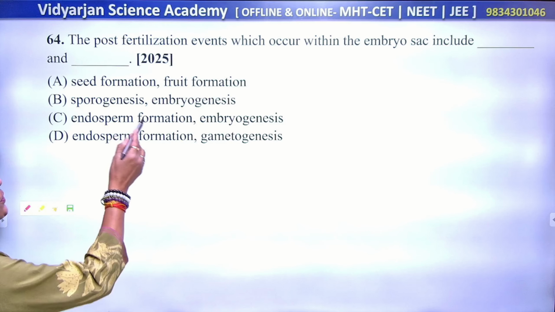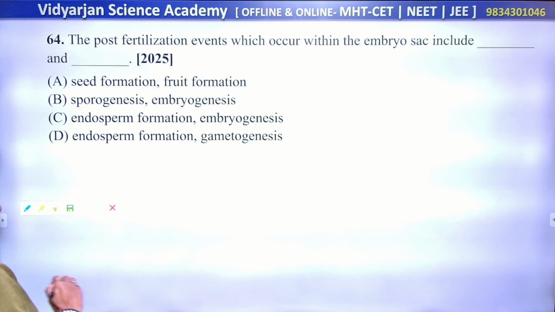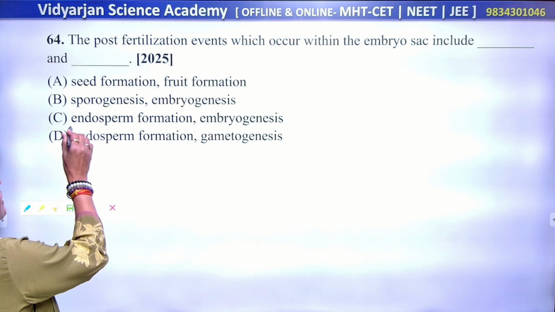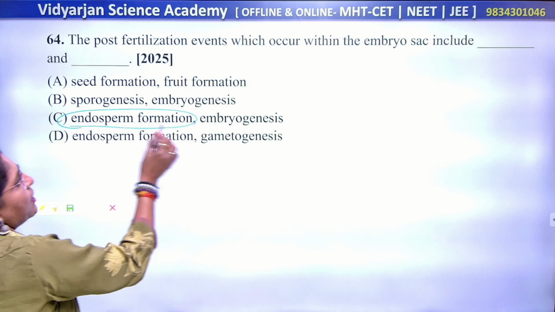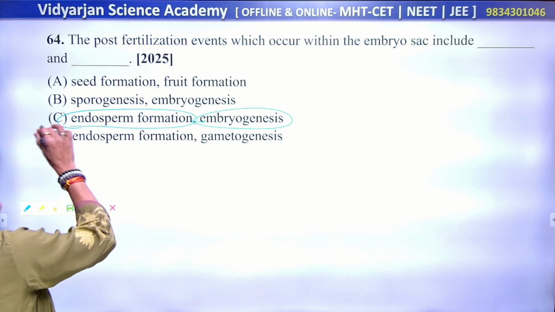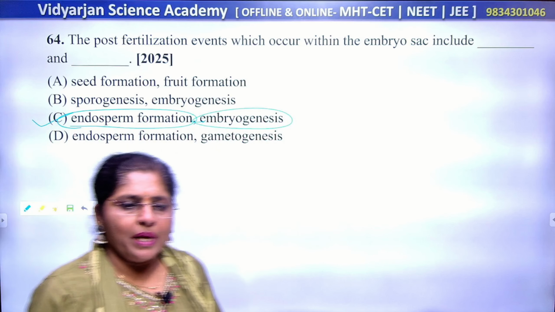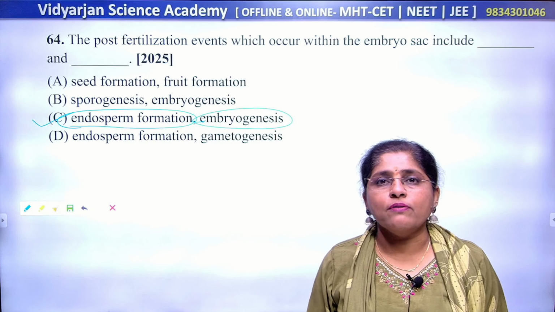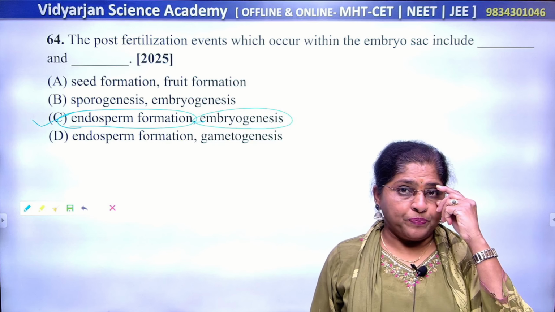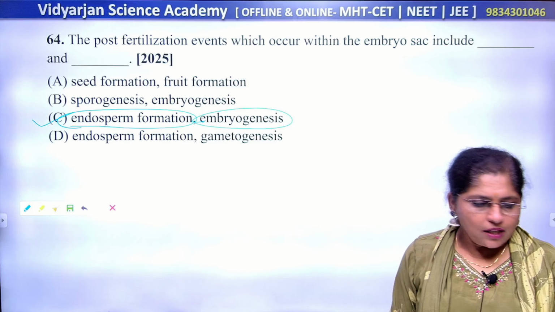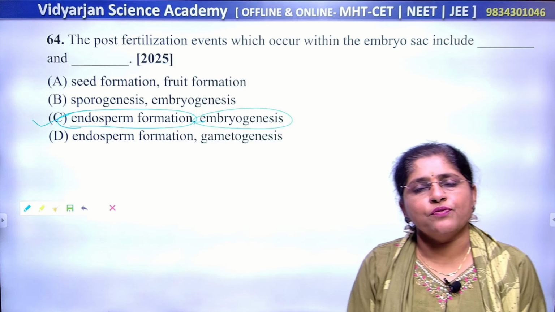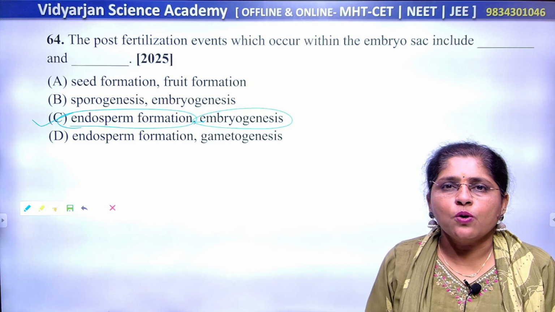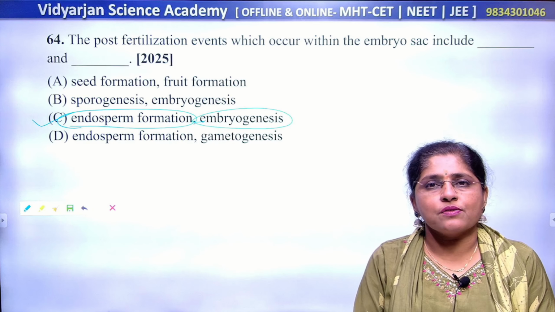So what I told you, you should have the post fertilization changes very clear. So your answer here is endosperm formation and embryogenesis. Got it? These are the two major changes which occur after the process of double fertilization. So these are the very exclusive questions which we have discussed. Hope you are getting all the answers very perfectly.